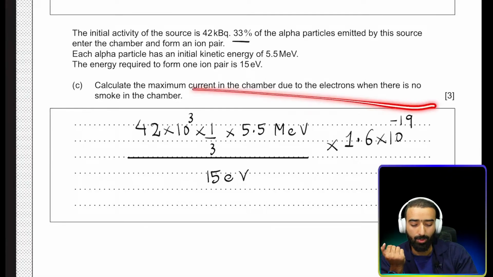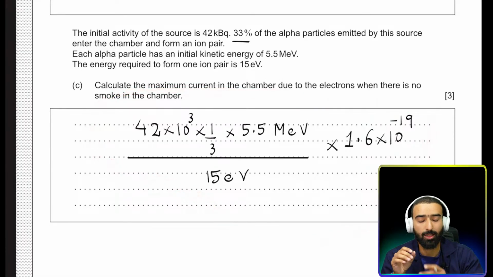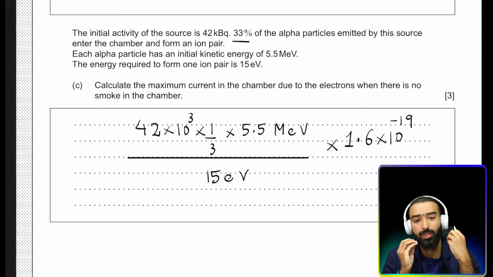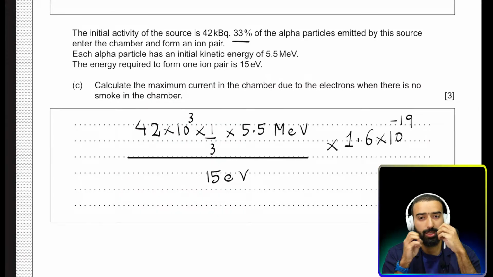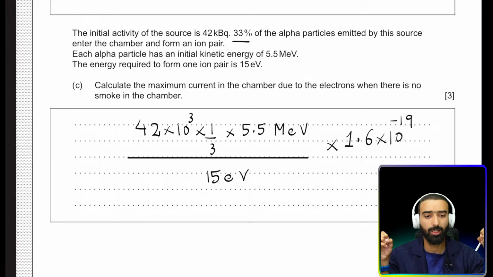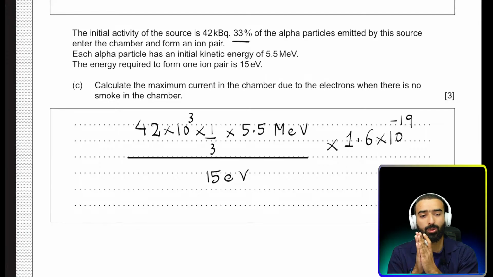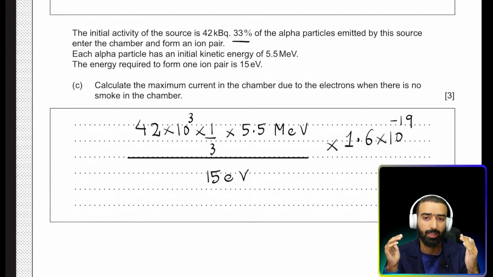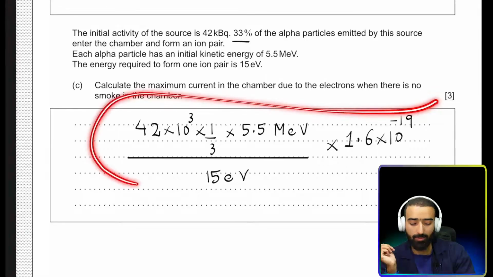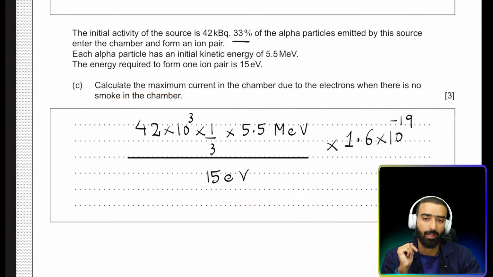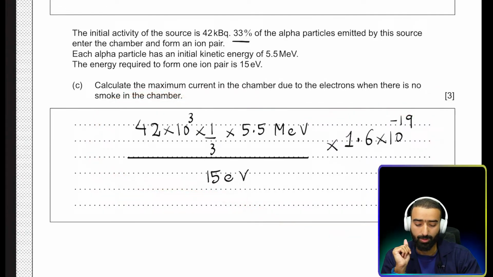So if you compute this number, you're going to get the number of ions produced every second. Once those ions are produced, they're going to be swept away in that very second to the ends of those electrodes, giving us the current. So this, in fact, gives us the value of current that is produced.